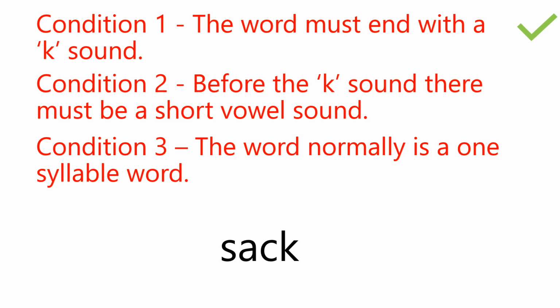Sack, short vowel sound. So tick for that one as well. Condition number three, the word normally is a one-syllable word. Let's test it. Hand underneath chin, say sack. The chin came down once. It is a one-syllable word. So sack meets all the criteria that we need to put CK on the end of a word.